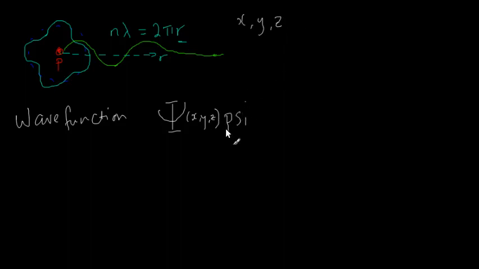Okay, now, this wave function doesn't have to be something abstract, right? In this case, it looks a little bit abstract because we are thinking of it in three dimensions.